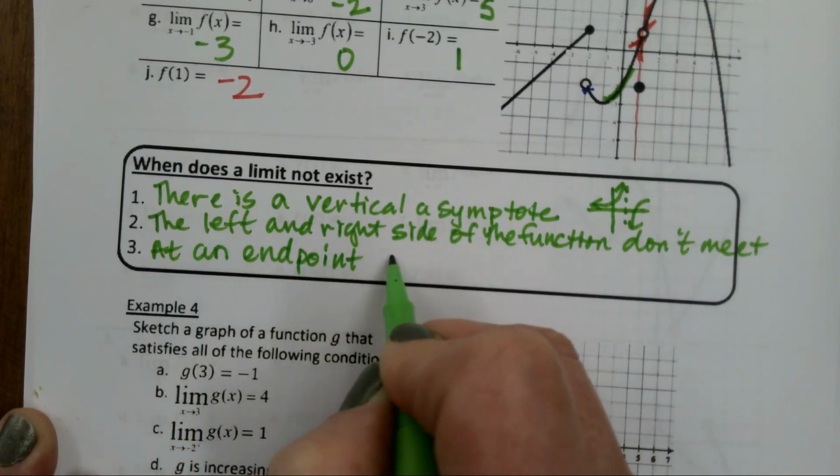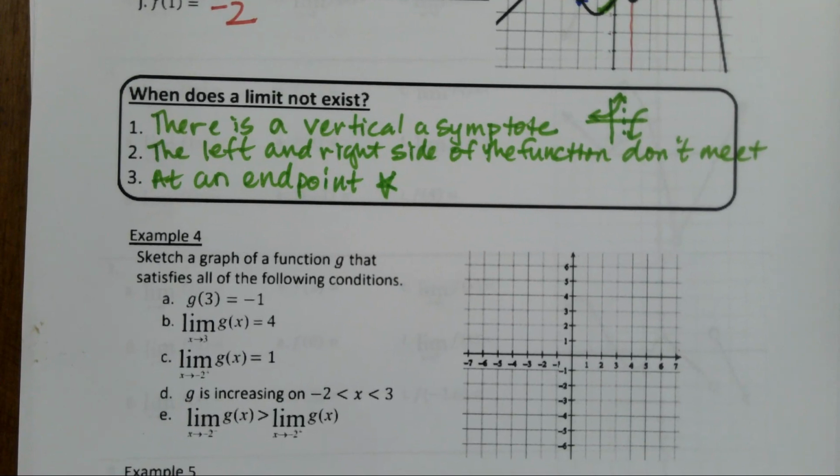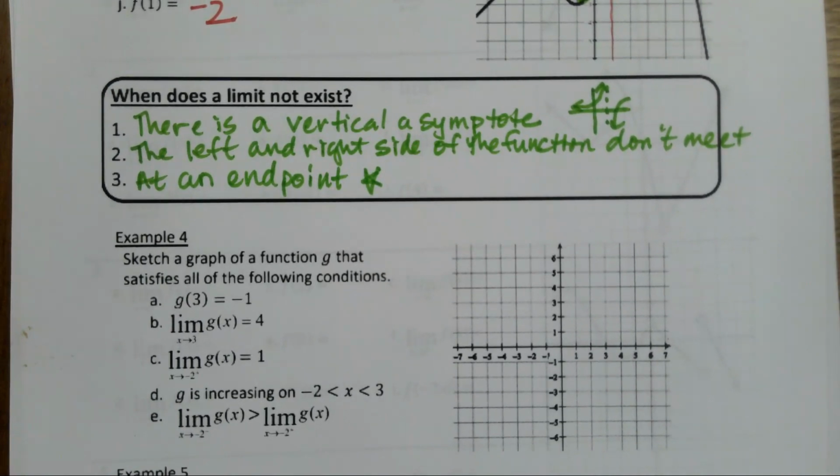I do have to sort of star this statement because we are going to be looking at limits as we approach infinity, and infinity is a one-sided situation, and we will give a limit for that. However, it truly does not exist, but we have to kind of work around that, and I'm talking a little bit ahead of the game.